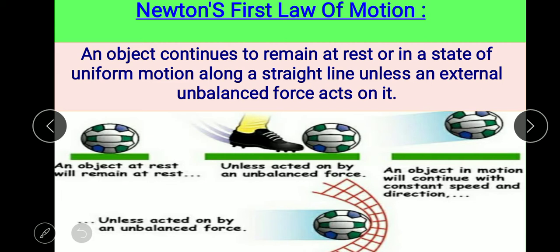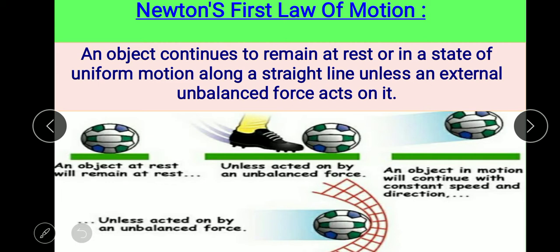Suppose an object is in motion, then the object will continue in motion unless and until any force is applied, students. In the same way, if an object is in a stationary state, is not moving, then it will remain stationary only unless and until any external force is applied on these objects.